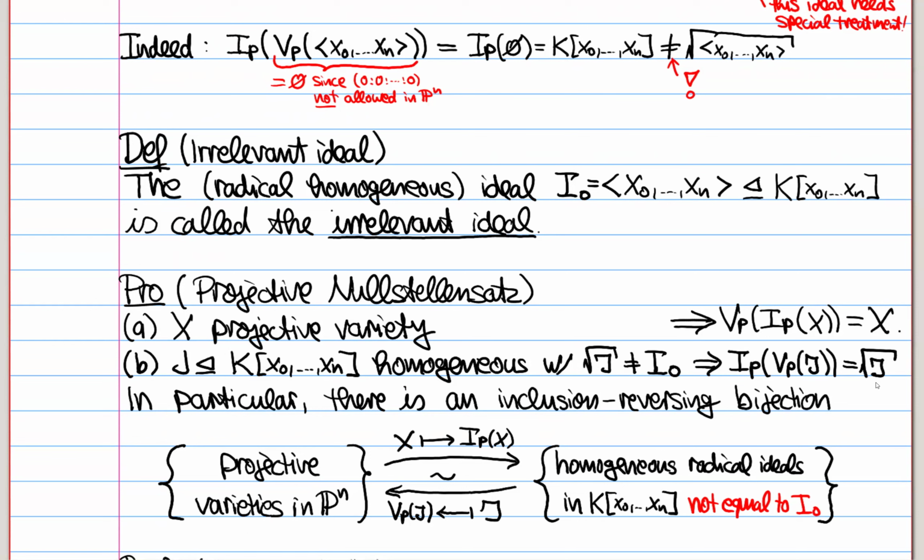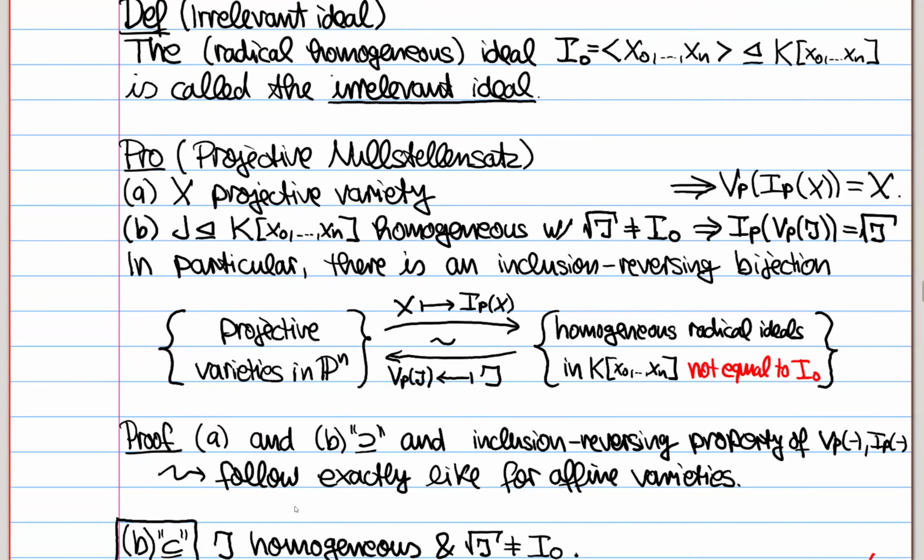From this, it follows that you get inclusion-reversing bijections between the set of all projective varieties in Pn and the set of homogeneous radical ideals in here which are not equal to the irrelevant ideal. And the two correspondences are given by IP and VP, as you would hope.